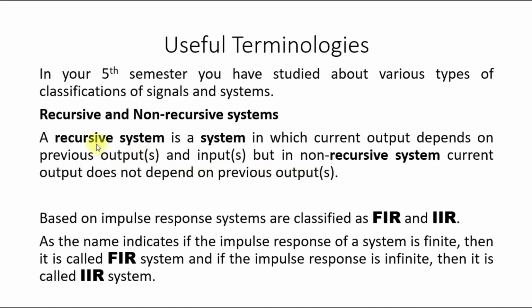A recursive system is practically realized by providing a feedback from the output to the input. In the case of a non-recursive system, the output never depends on the output itself, but only on the inputs.